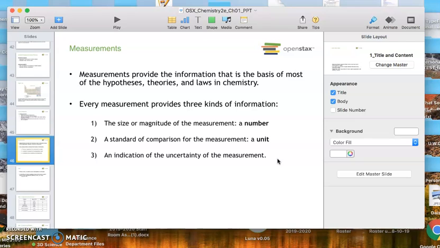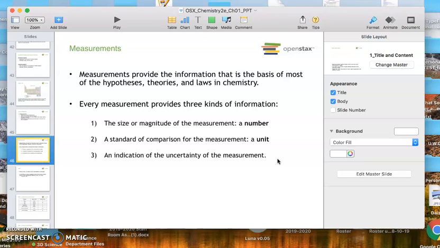So the answer is not 5, it's 5 meters or 5 moles or some sort of unit that tells me not just the magnitude of the measurement, but also what we are talking about here. What is our standard of comparison for that measurement? Are we talking inches? Are we talking feet? Are we talking yards? You have to provide that information.